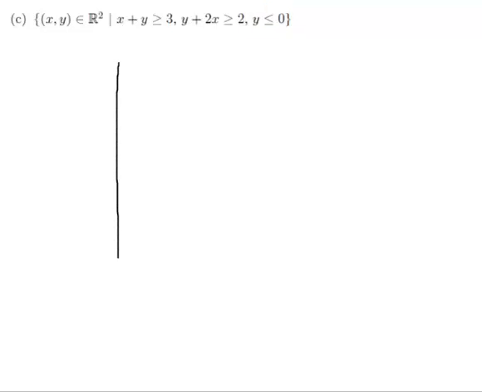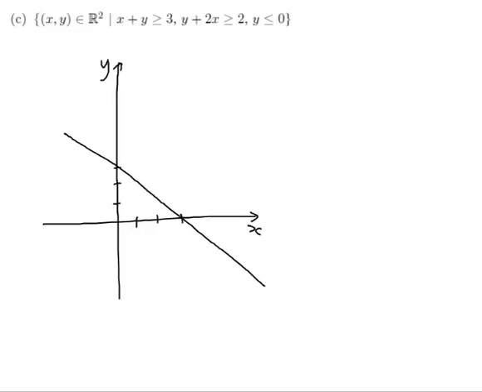So here's my y-axis, here's my x-axis, there's my 1, 2, 3, 1, 2, 3. We had this line. Now let's see, which side of that do we need? x plus y is greater than or equal to 3. We put the origin and we get 0 is greater than or equal to 3, which is not true, so we don't want the bottom side.